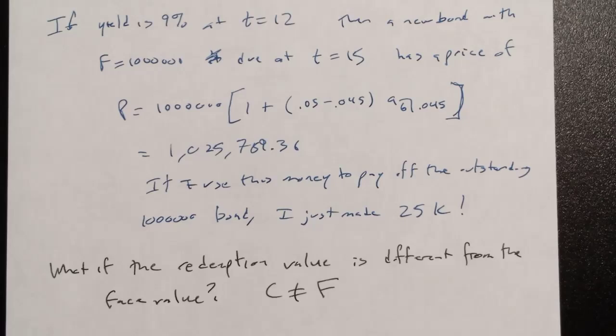I could issue a bond whose face value is 100, whatever, and say, if you redeem it at year 10, it'll be 100. But if you let me hang on to it a little longer, I'll let you redeem it at 115. If you let me hold on to it a little longer than that, I'll let you redeem it at 135. So if I change my redemption value based on time, then there might be a different story about when the right time to get this bond back is.